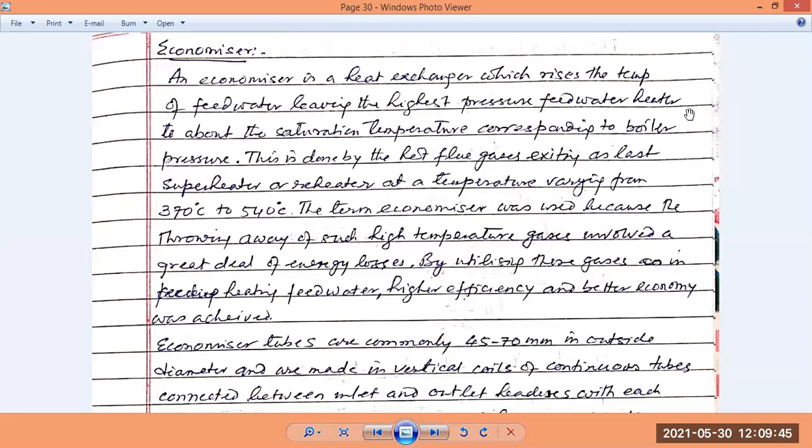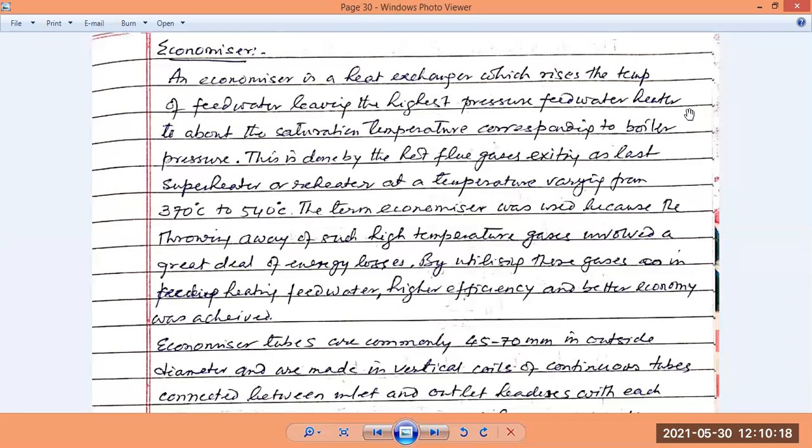So what is the economizer doing? It is improving the efficiency of the boiler itself by taking the heated fumes or gases, which are at a very high temperature, 370 to 550 degrees, and using them to raise the temperature of the running water to the saturation temperature, so that it can be easily and quickly converted into steam in the boiler drum itself.